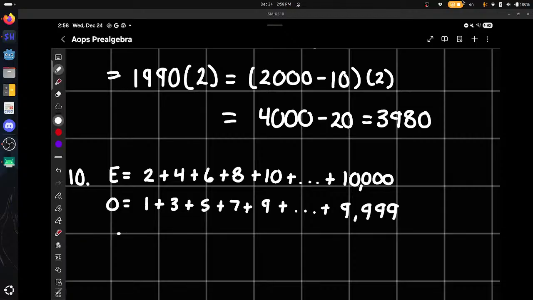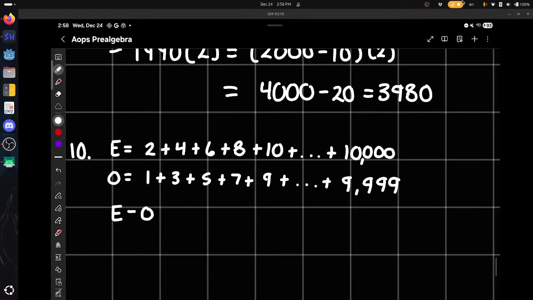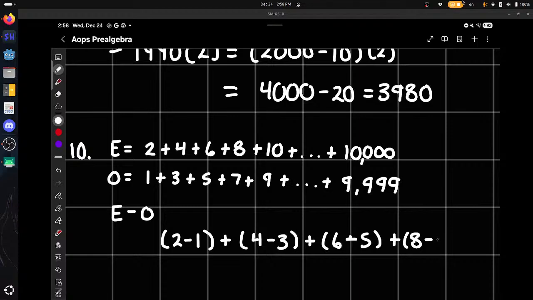So we're taking E minus O, which means that we can distribute that negative to all of these numbers and then get 2 minus 1, 4 minus 3, 6 minus 5, 8 minus 7.